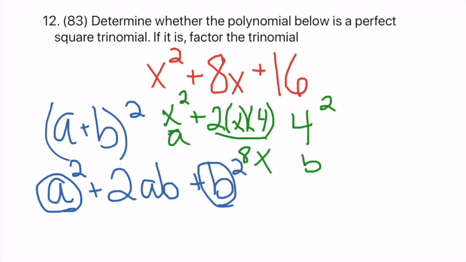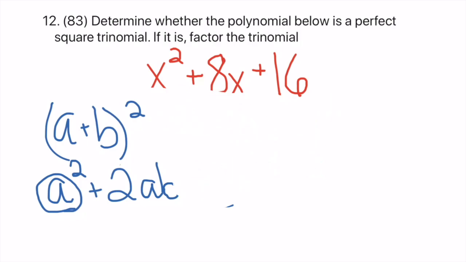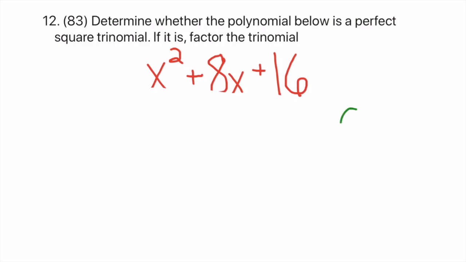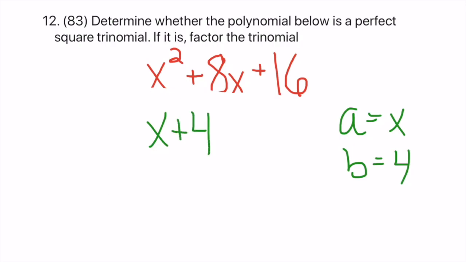And if you can recognize that it's a perfect square trinomial, you don't even have to FOIL. You can just know that if your a is x and your b is 4, it's just x plus 4 squared. Now, if you didn't realize this was a perfect square trinomial and you had to factor it, of course you can just use the old method.